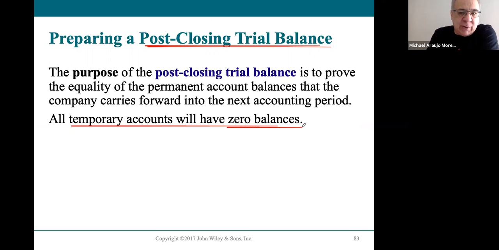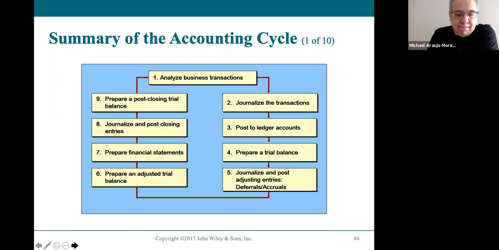Your revenue accounts, which are closed, your expense accounts, which are closed, and your dividends account, which is closed, all should have a zero balance. However, your asset, liability, and stockholders' equity accounts will have balances on a post-closing trial balance. Look at how much we did. Okay. 1, 2, 3, and 4 was chapter 3. That was all chapter 3.